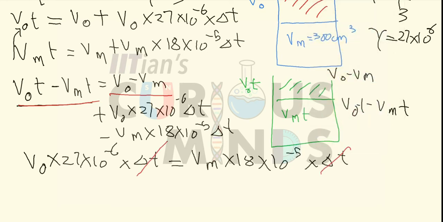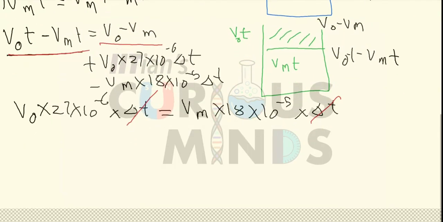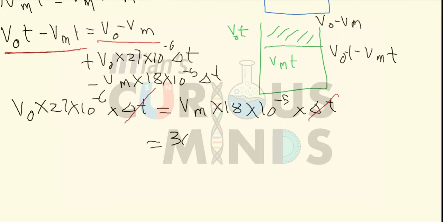Vm, the volume of mercury over here, is given as 300 cm³. So V0 into 27 into 10 raised to minus 6 is equal to 300 cm³ into 18 into 10 raised to minus 5.